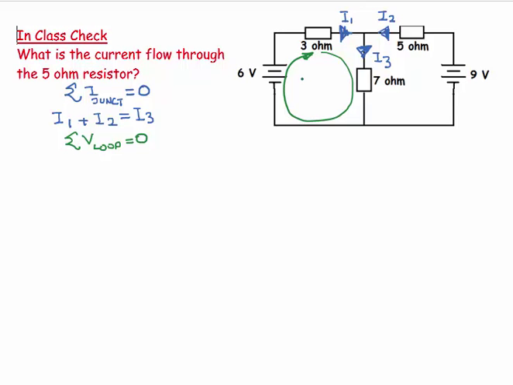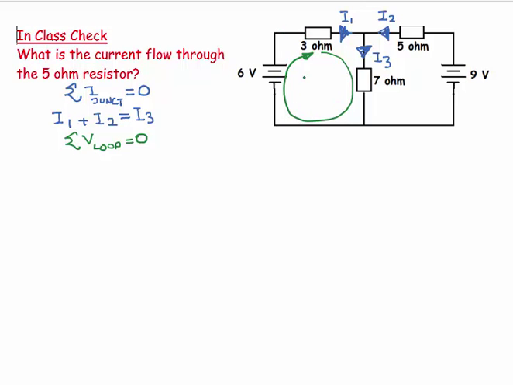And there are 2 rules that I need to know now. I'm concerned with the signs I will give to the EMF and to the potential differences. It's a way of getting the signs to work out. The first rule is, I don't draw the loop on the actual wire because it gets too difficult to see.